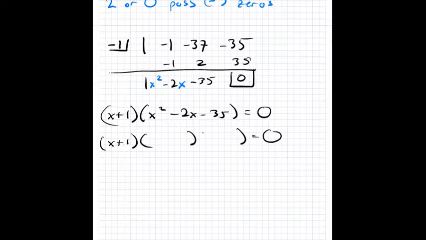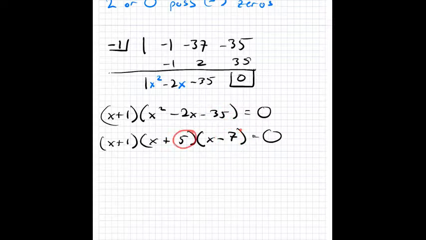One has to be positive, one has to be negative. Two numbers that multiply to give us -35 and add to give us -2. I think it's -7 and +5. Let's check really quickly. This times this is -35. This plus this is -2.